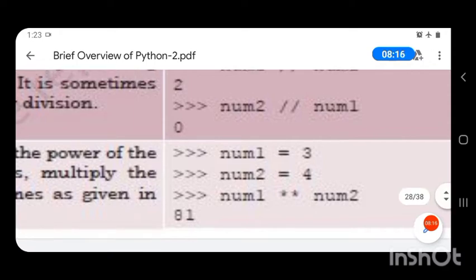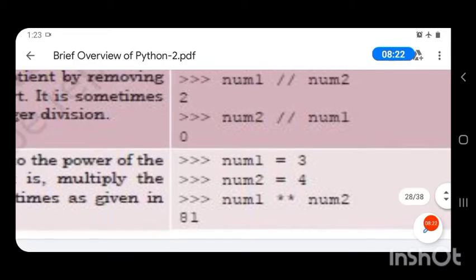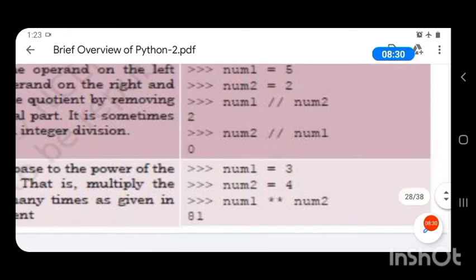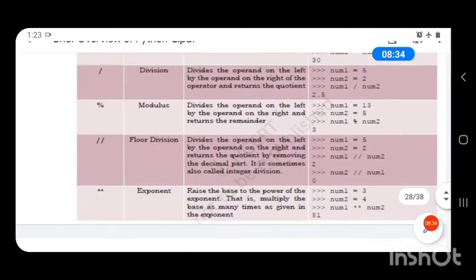That is 3 raised to 4, that is 3 is multiplied 4 times. That is 81. So to find the power of a variable raised to the power of a variable, we have to use **. It is used for exponent.